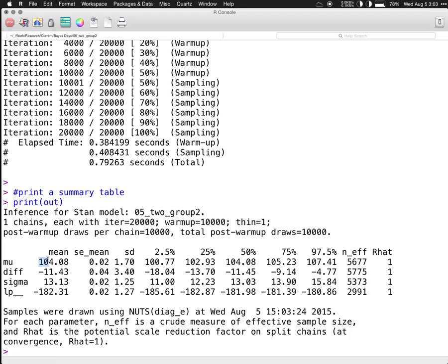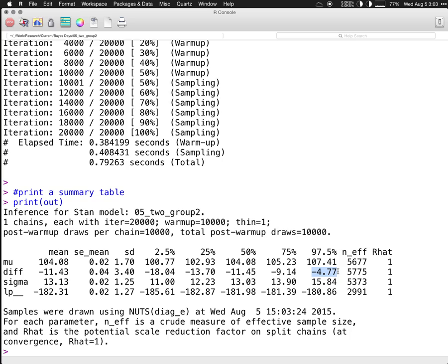Okay, so I said 103, it's about 104 for the intercept, the center point. It's got this general distribution, but critically, we're looking at what we should believe about the difference between the two groups, and its distribution ranges from -18 to -4, so it excludes 0.